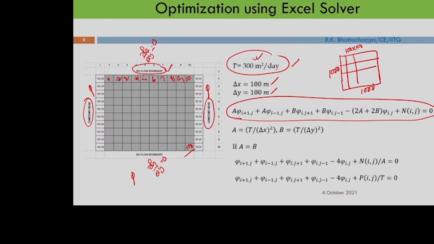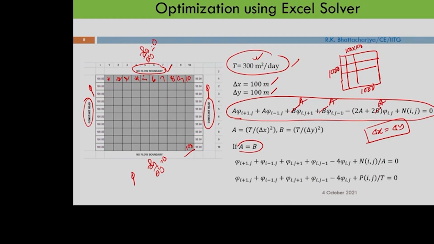In my case del x equal to del y, just to simplify the problem. You can also use different del x, del y, but here I am considering del x equal to del y. That means A equal to B, and if I put A equal to B here, finally this will be your A, this will be your A, this will be your A.